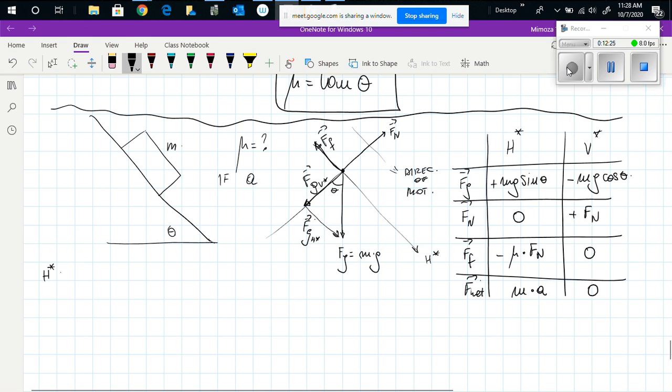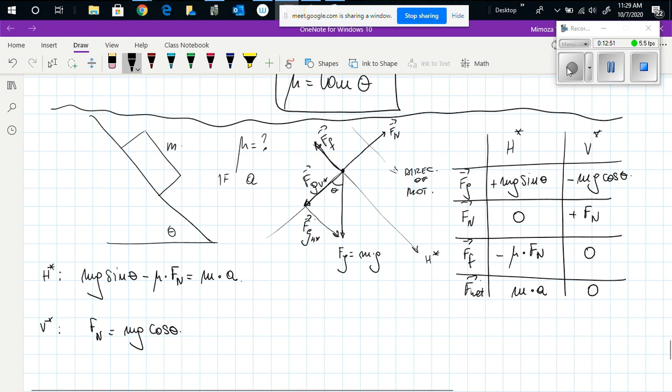From the horizontal, what we have is mg sine theta minus mu times Fn is equal to mass times acceleration. And from the vertical, what we have is force normal is equal to mg cosine theta.